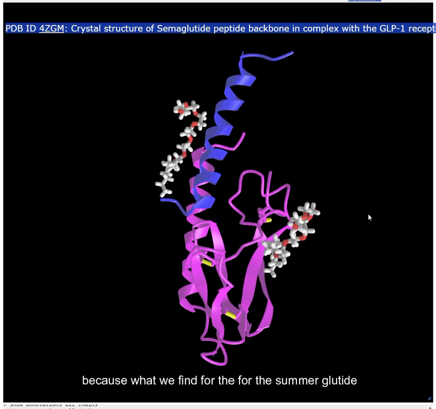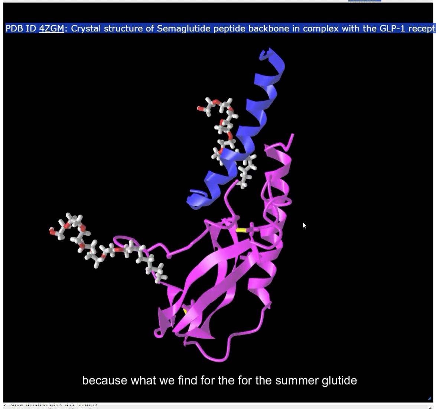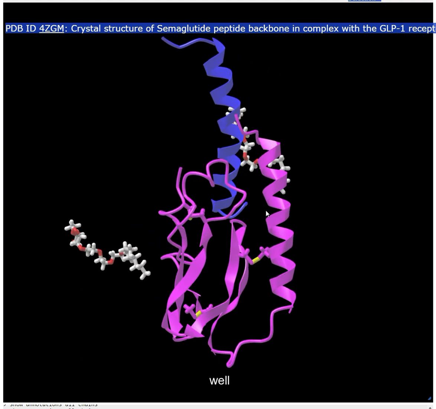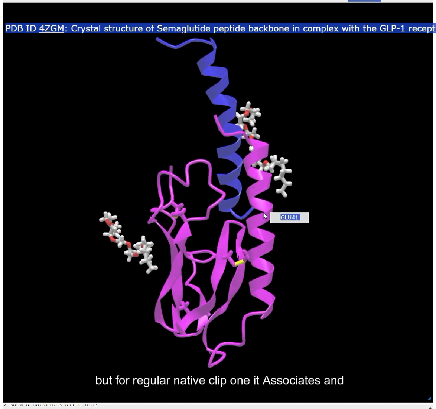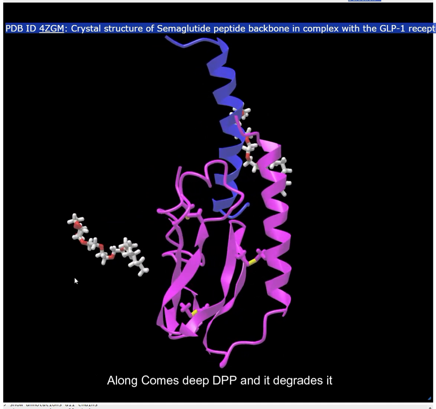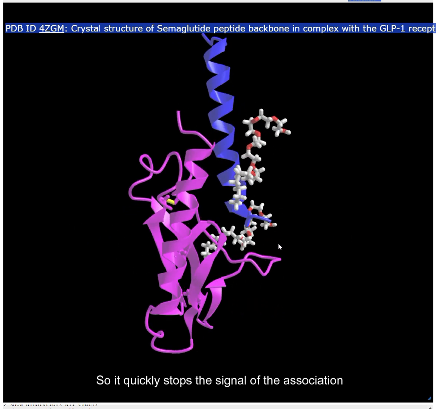Because what we find for regular native GLP1 is that it associates, and along comes DPP4 and degrades it, so it quickly stops the signal of the association.